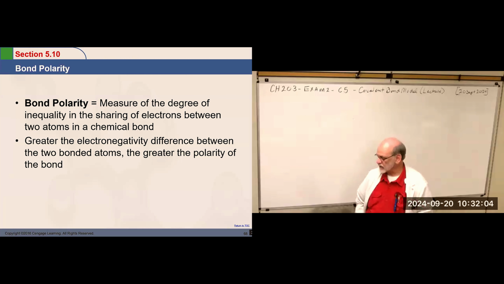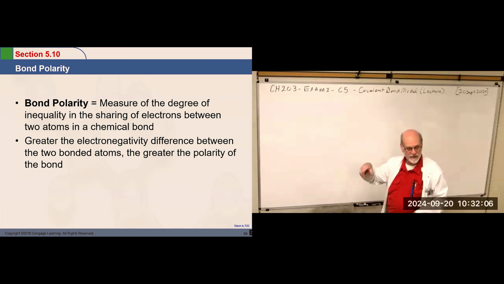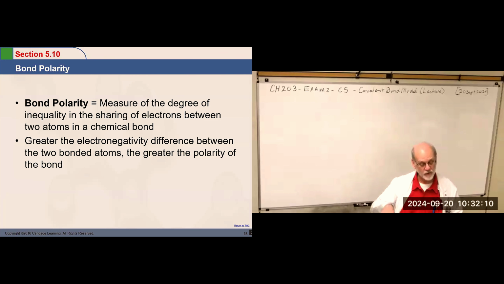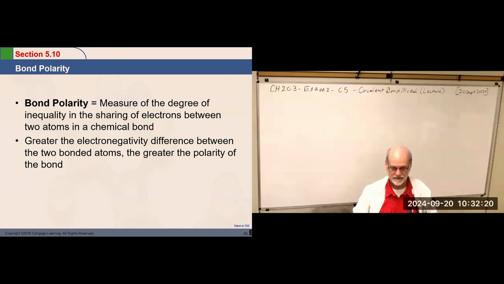So what I've been demonstrating with that arrow and a plus sign on the end of it is bond polarity. It just shows you which direction the electrons are pulled and gives you the positive side left behind, the negative side where the electrons move, a slight difference in charge.